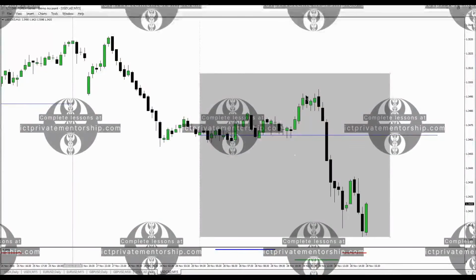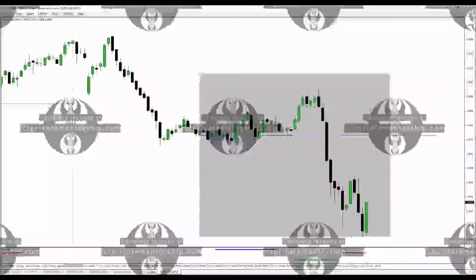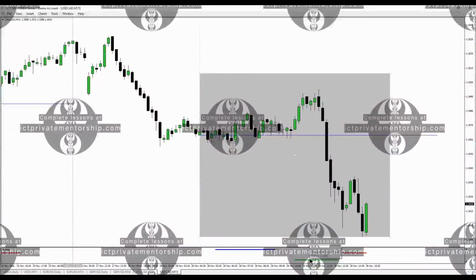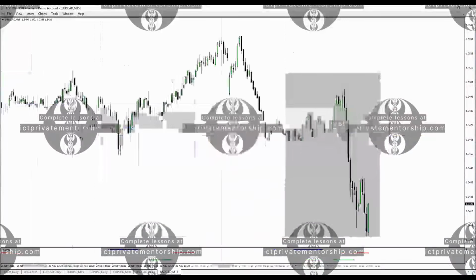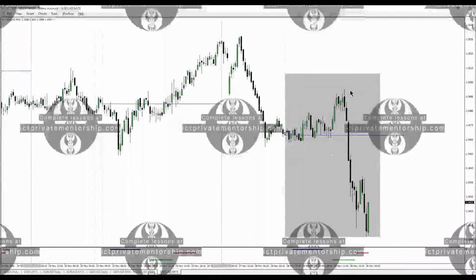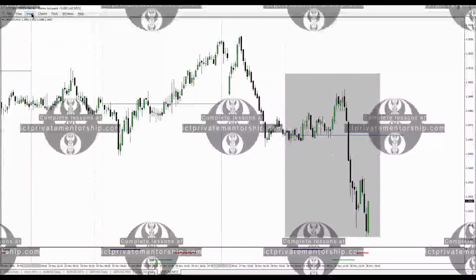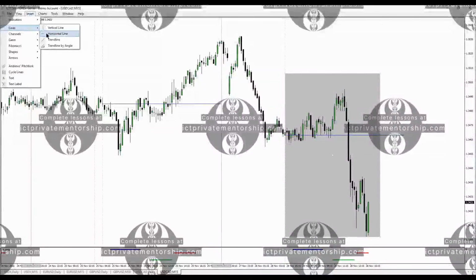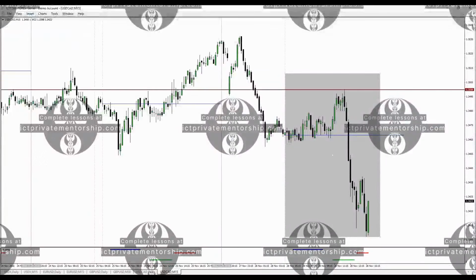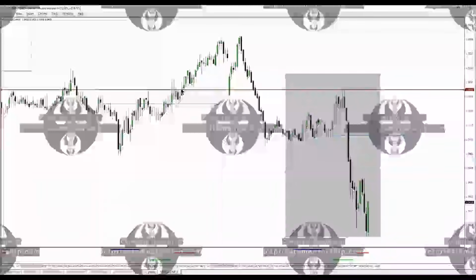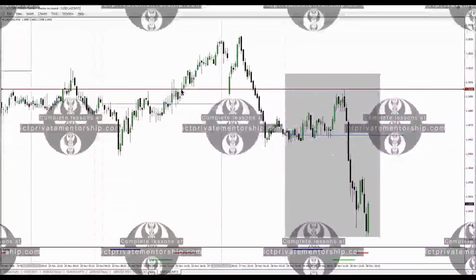We had a nice little move above an old high in here in the New York kill zone, right in here. Okay, prices traded up into this candle here, last down candle right before this price movement up. So prices mitigated this morning in New York, right there.